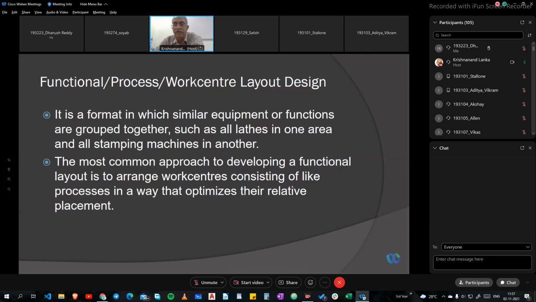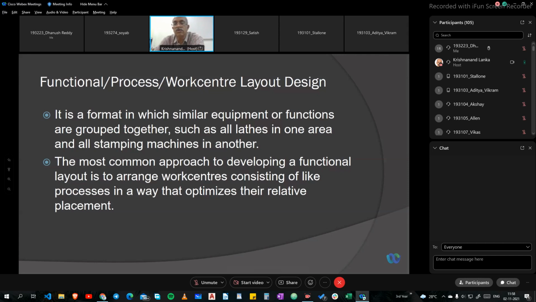If you go to BHEL Ramachandrapuram in Hyderabad, you will see this kind of layout where all the different kinds of lathes are placed in one place, milling machines at one place, grinding, gear hobbing machines, all these things.